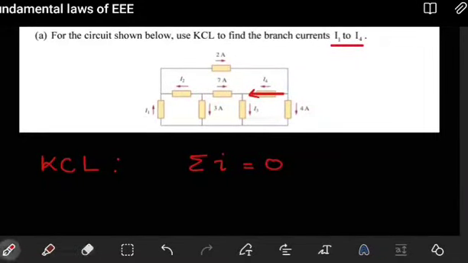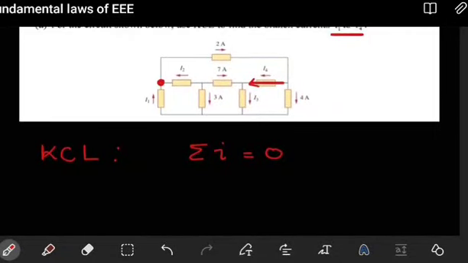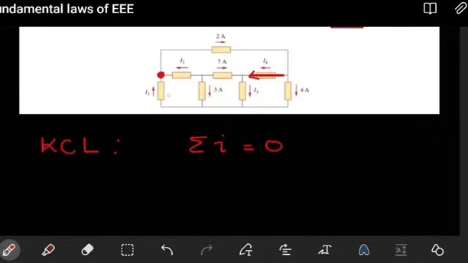We're going to start with this junction here, and what we have to do is identify all the currents entering and leaving. We see that I1 enters that junction, so according to Kirchhoff's current law, we keep it positive. Then we also have I2 entering, so we'll also keep it positive, plus I2.